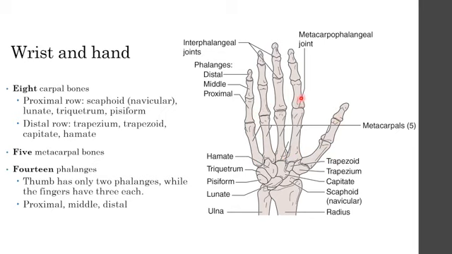From digits 2 through 5, these phalanges are divided into 3 separate bones: a proximal, middle, and distal phalanx. You notice here for the thumb, we only have 2 phalanx bones. Each of these bony sites has a corresponding joint that articulates these bones together.